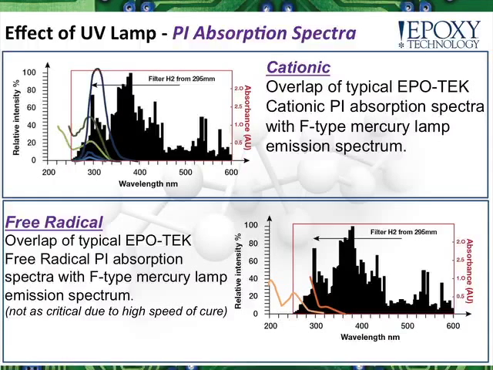For the free radical system, the graph below, you can see that the overlap for the photoinitiators is, well, less with the iron-doped mercury, but that emission spectrum overlap is not as critical in the free radical systems because they cure so much more quickly.